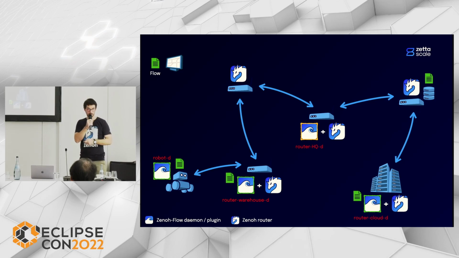It will ask all the daemons that are involved in the flow to go fetch the YAML description from the database, so that way they know what to deploy, and then you run your flow, and that's it. So as a developer, what you needed to do is just describe, and then Zenoh-Flow will be able to deploy everything for you with an orchestrator.